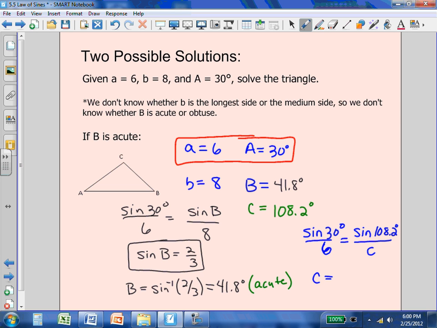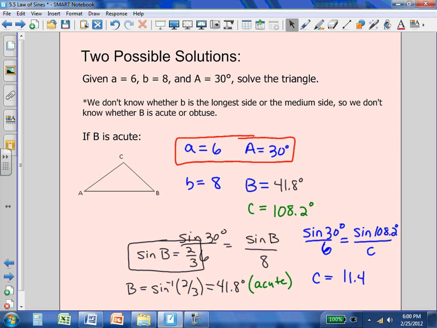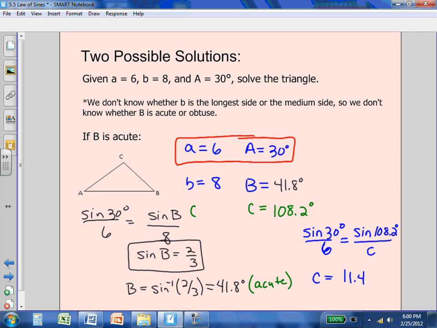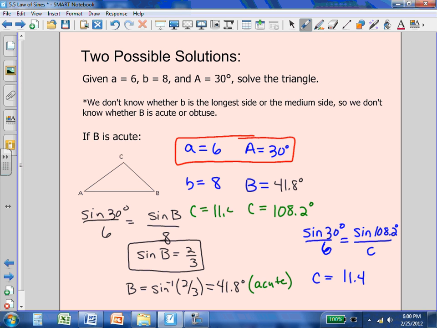And then side C should be about 11.4. So that gives us, let's see if I can move this over so I have a nice spot, side C is 11.4.